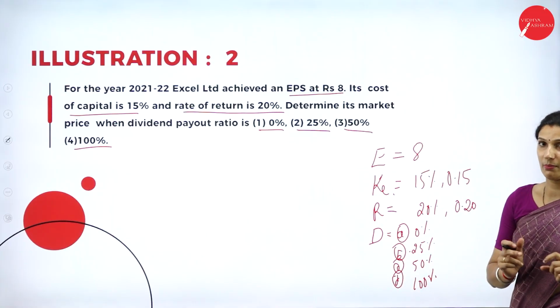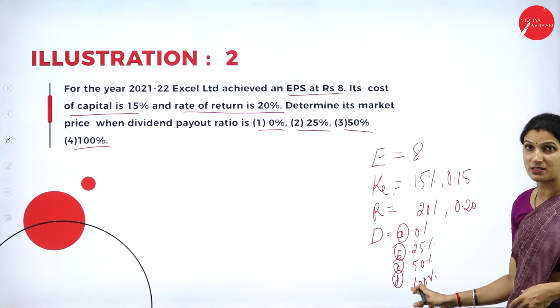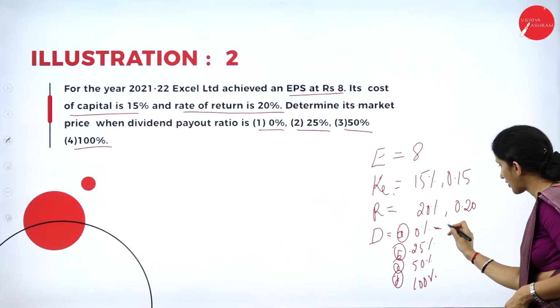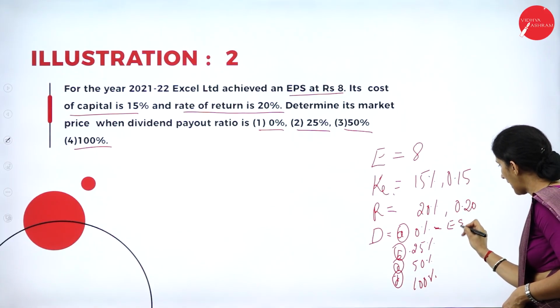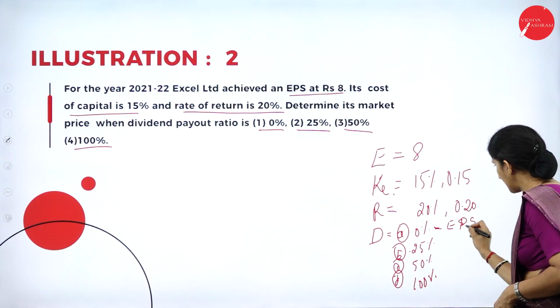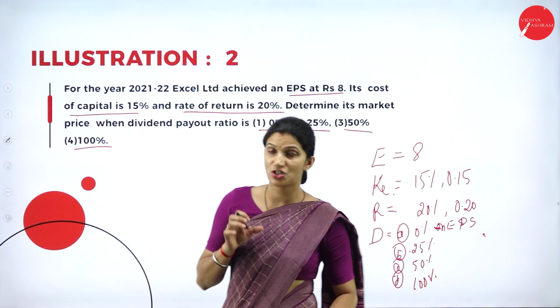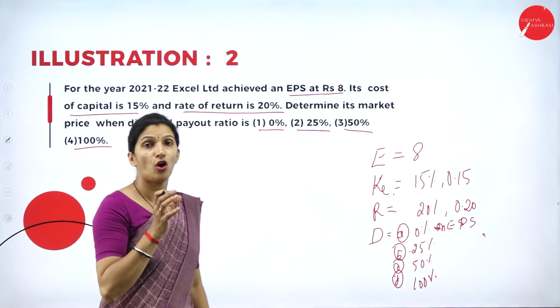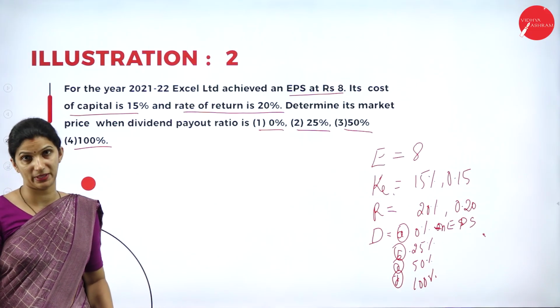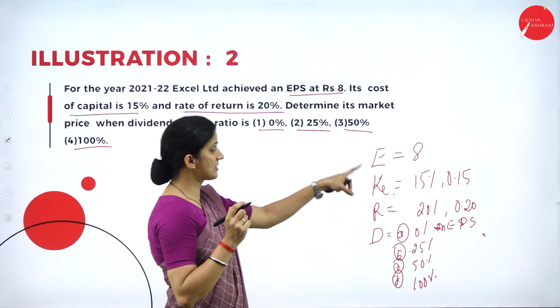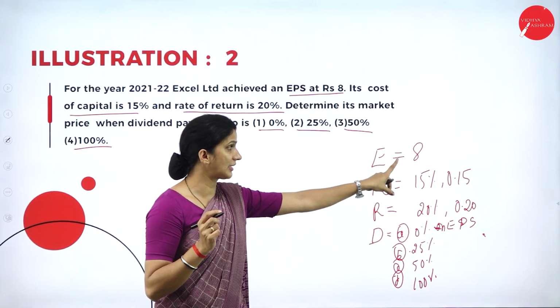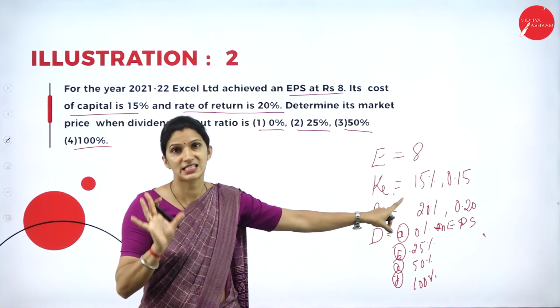So for all the 4 situations, we need to calculate the market price of the share. Always remember, when the dividend is given as a percentage, that is the dividend payout ratio, we will always calculate it on EPS. So when D is 0%, that means no dividend, your D is 0.